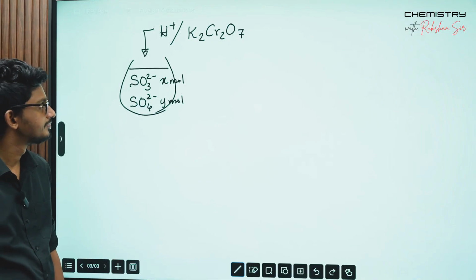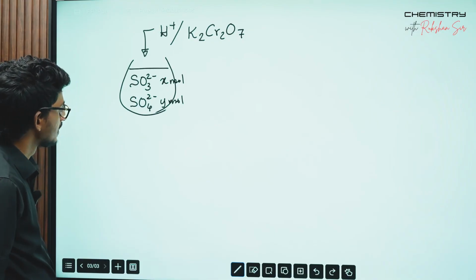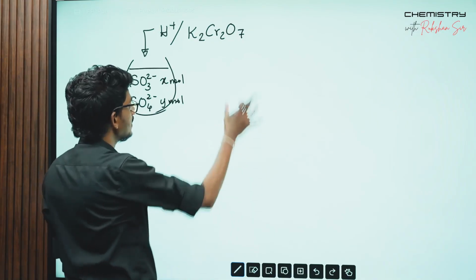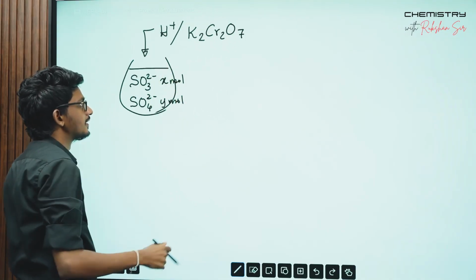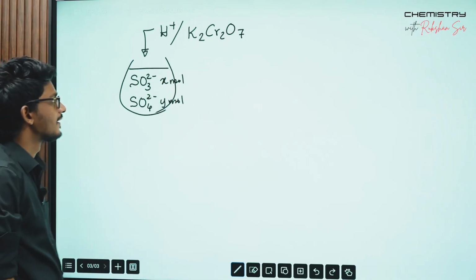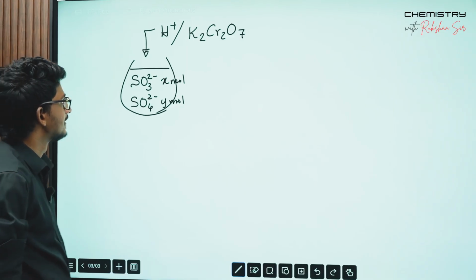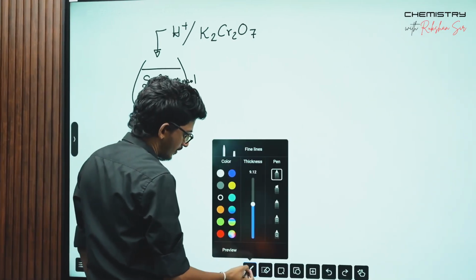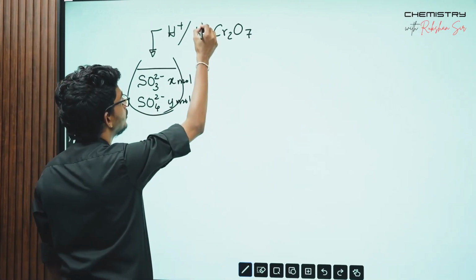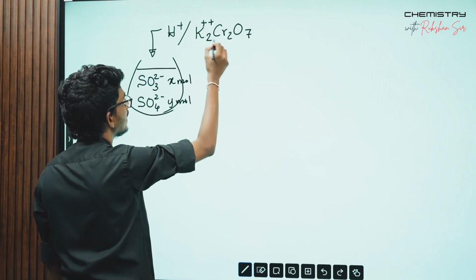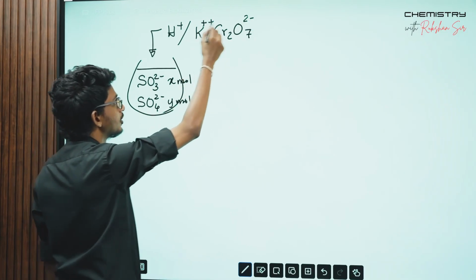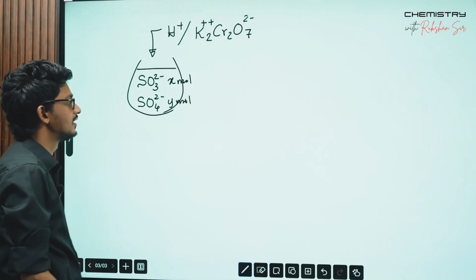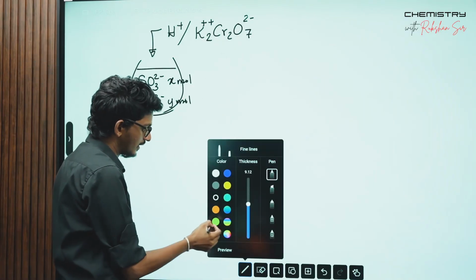First, concerning the thing added from the top, the foreign reagent, what will it do? Potassium dichromate is the combination of 2 K+ and Cr2O7 2- ions.